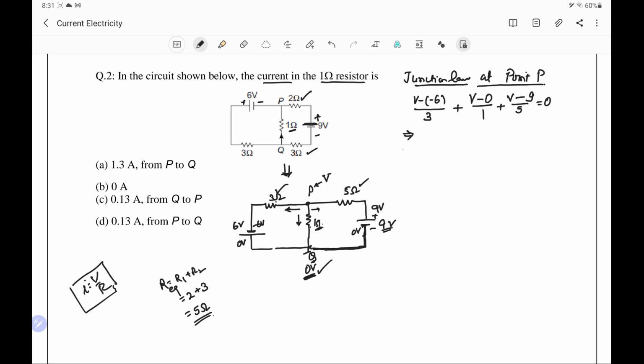Now solving this equation, we have V plus 6 by 3 plus V minus 9 by 5 equal to 0.